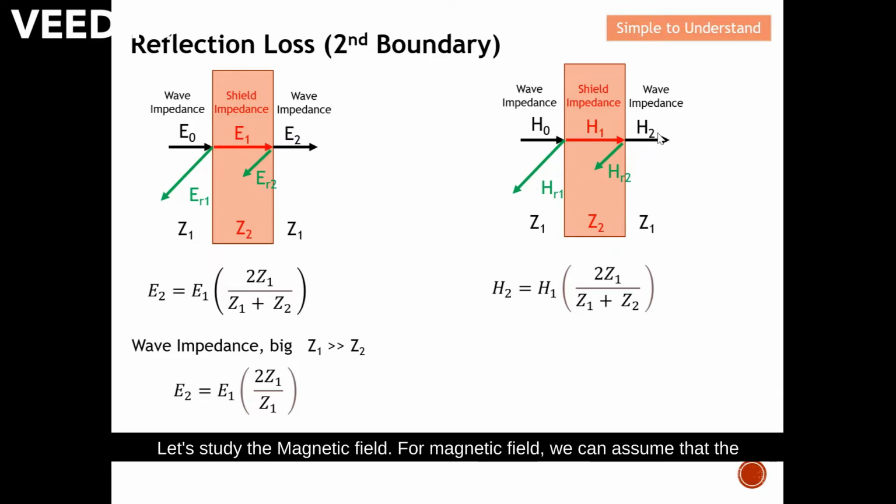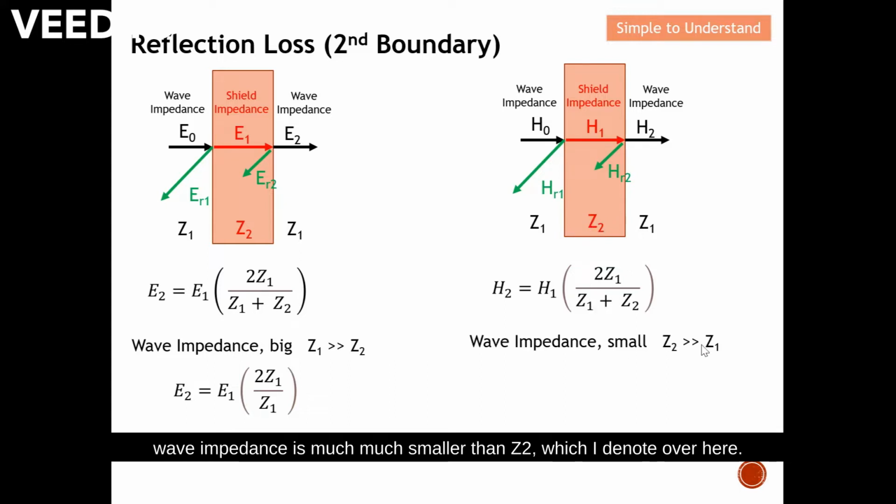So let's study the magnetic field. For magnetic field, we can assume that the wave impedance is much, much smaller than Z2, which I denote over here. Z2 is many, many times bigger than Z1. Because of this, I'm going to remove Z1. As a result, I get this equation.